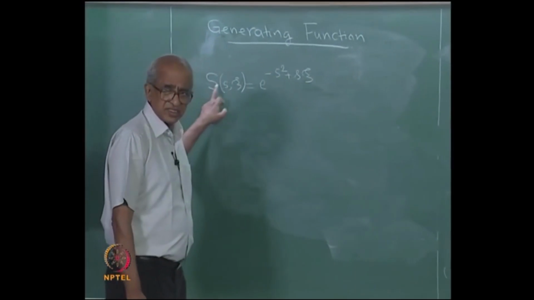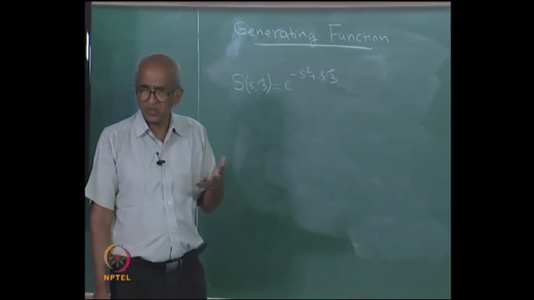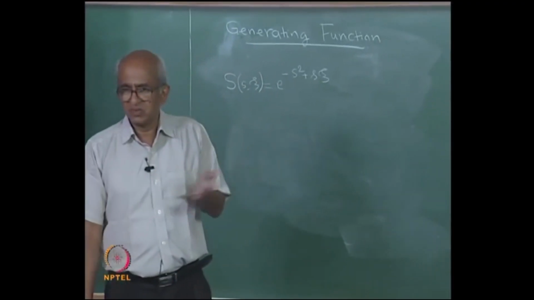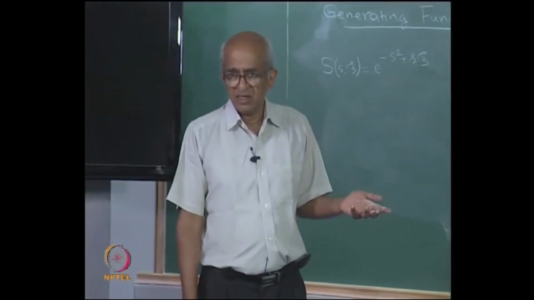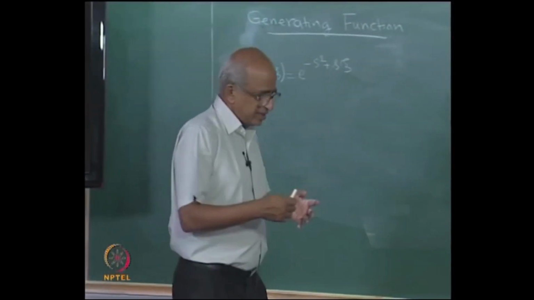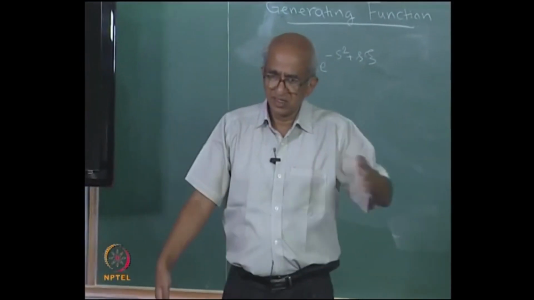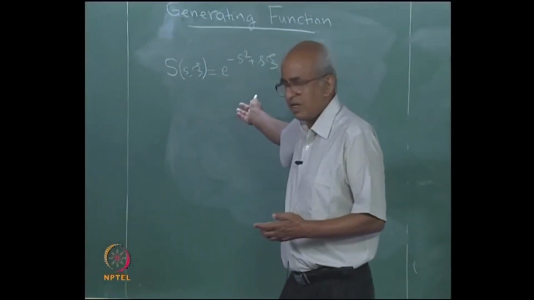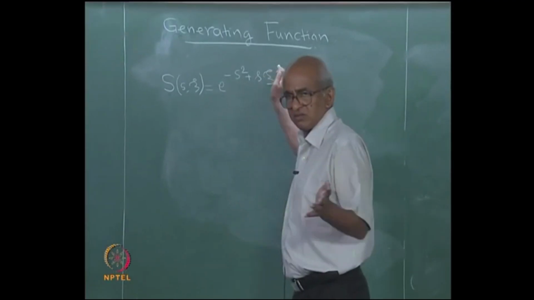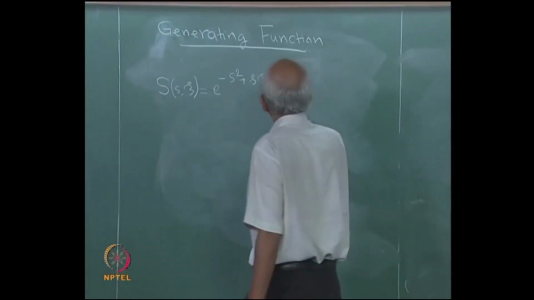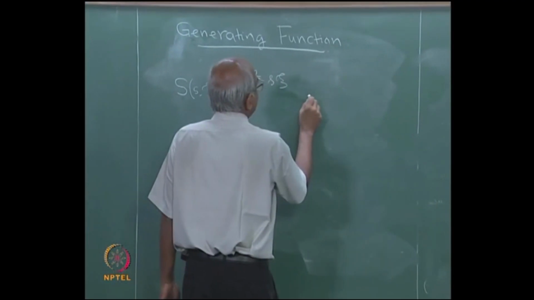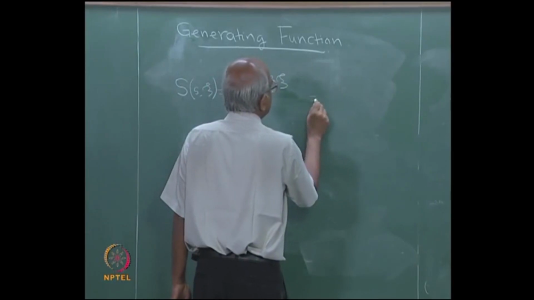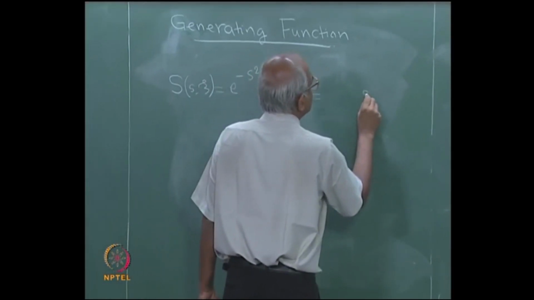Capital S is the function, small s and c are two variables, and this capital S obviously depends upon these two variables. Now, you know that if I had e to the power of minus x, I can expand it as a series. Similarly, this also, if you want, you can expand it and you will get a series, right. Suppose I do that and I write this as a series in S.